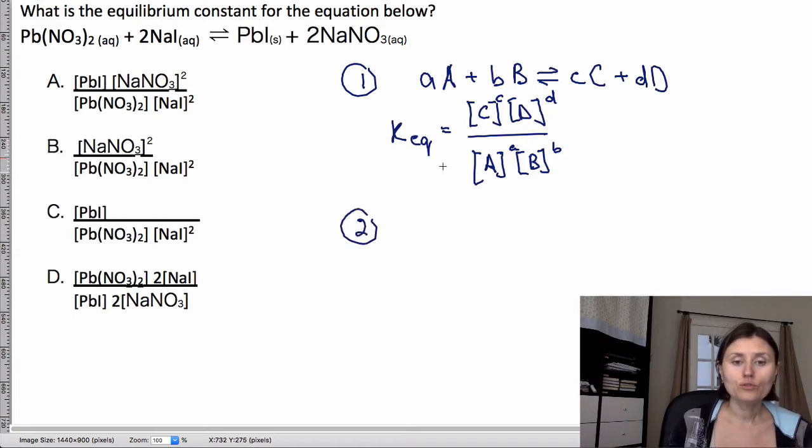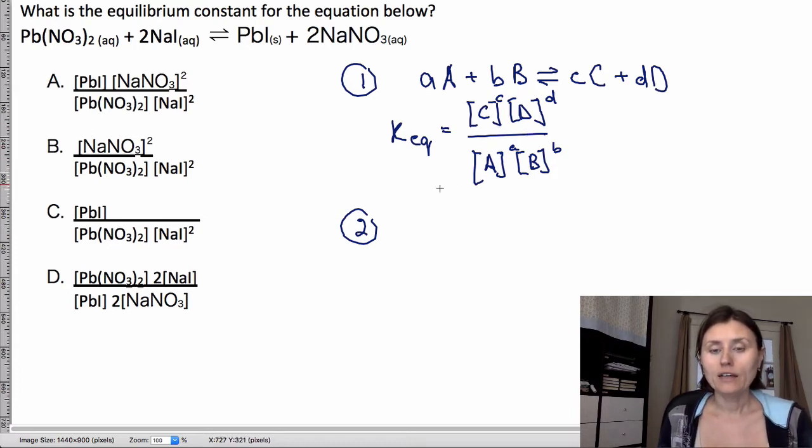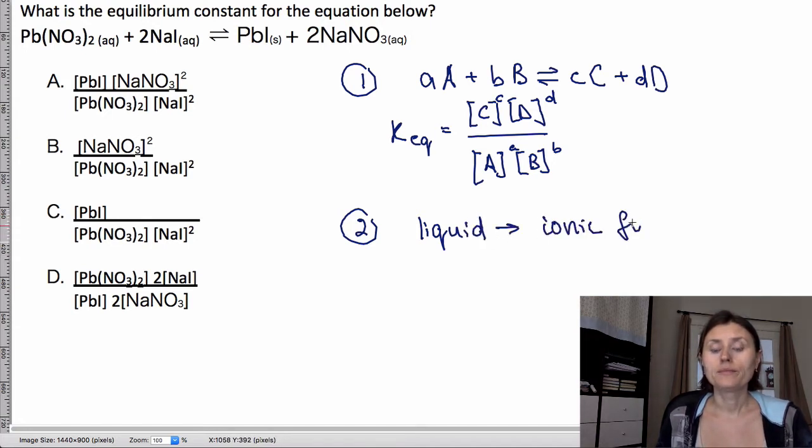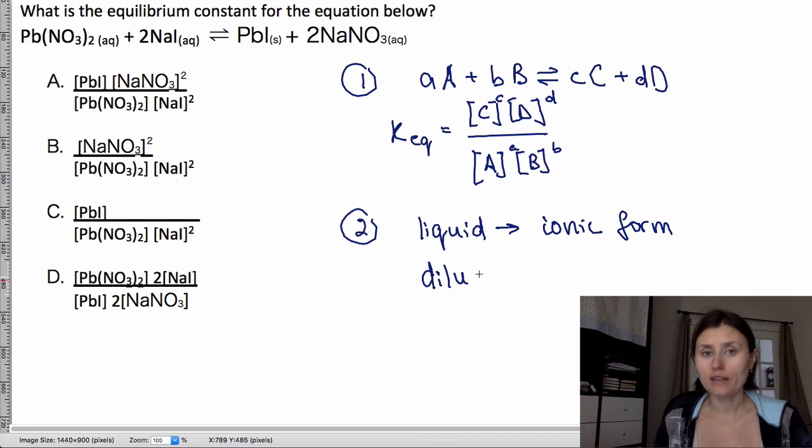And part 2 that you need to know is that all of the reactants and products that actually participate in the equilibrium constant equation have to be in liquid form or ionic form. So they have to be dissolved in water in order to participate.